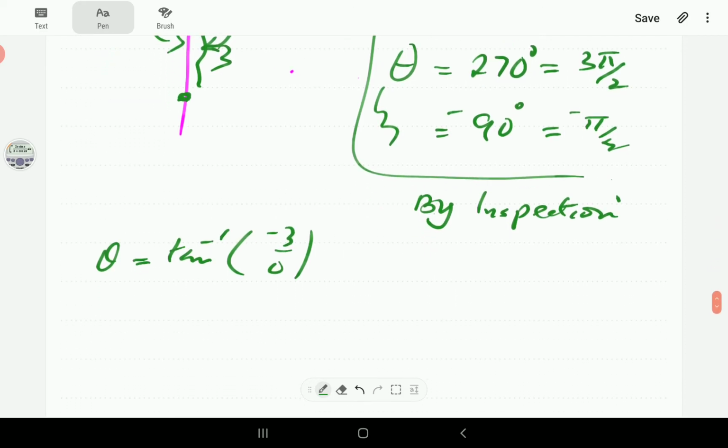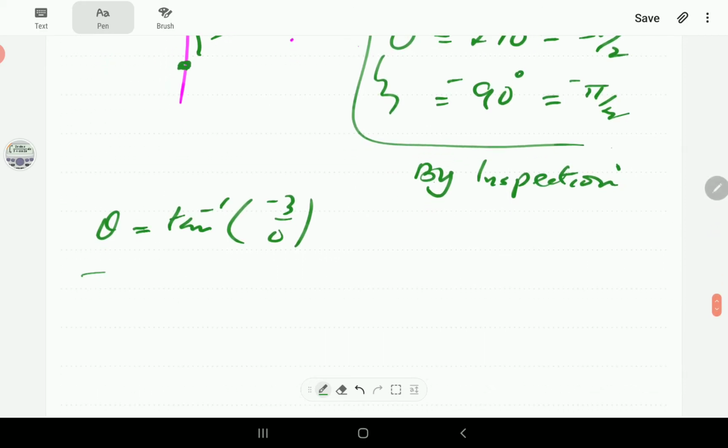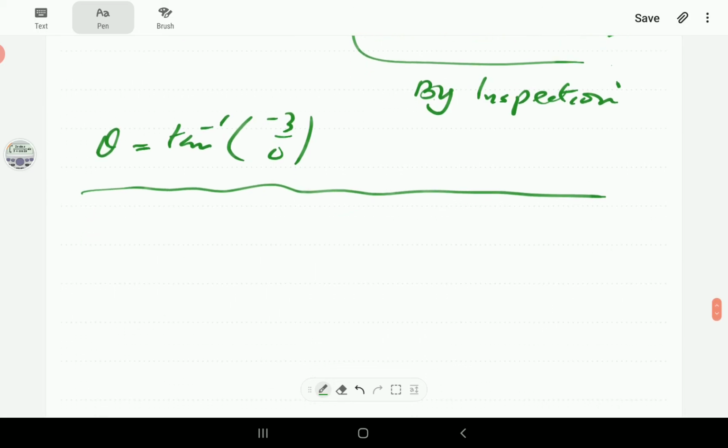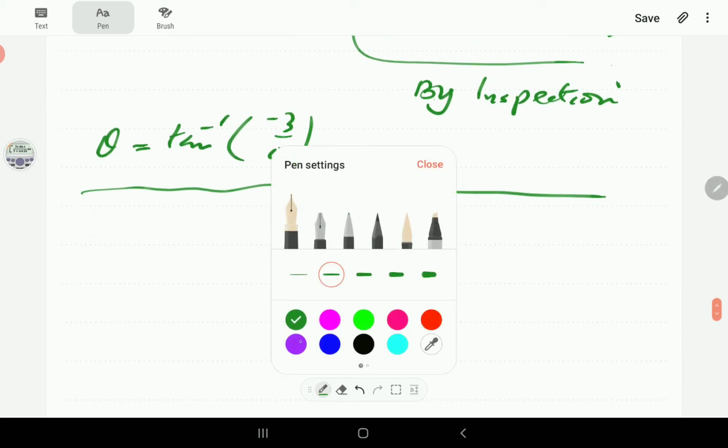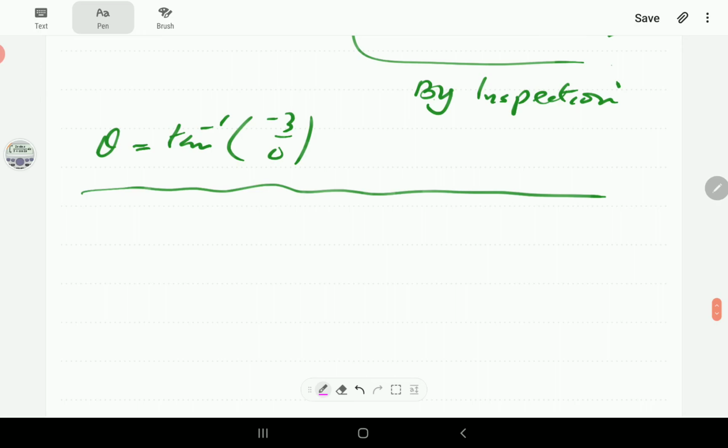So this just emphasizes the importance of the sketch. The sketch is really going to be helpful sometimes, even when the formulas crash.